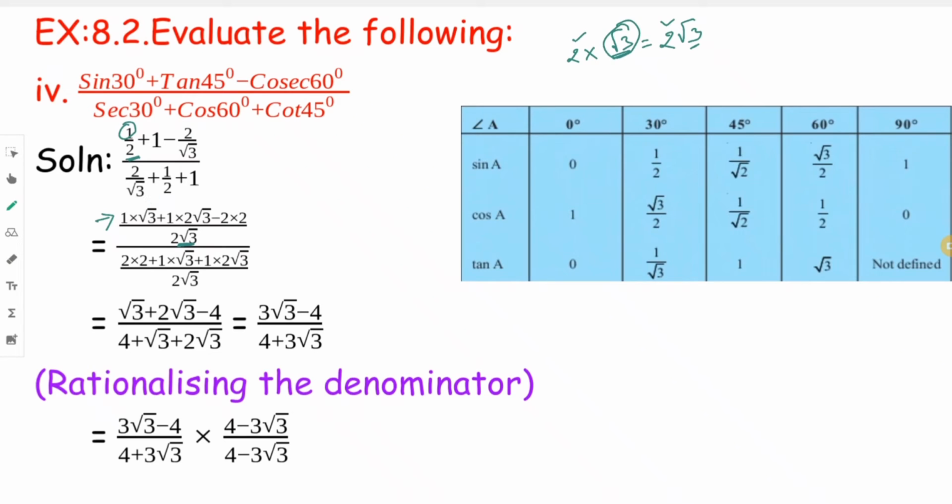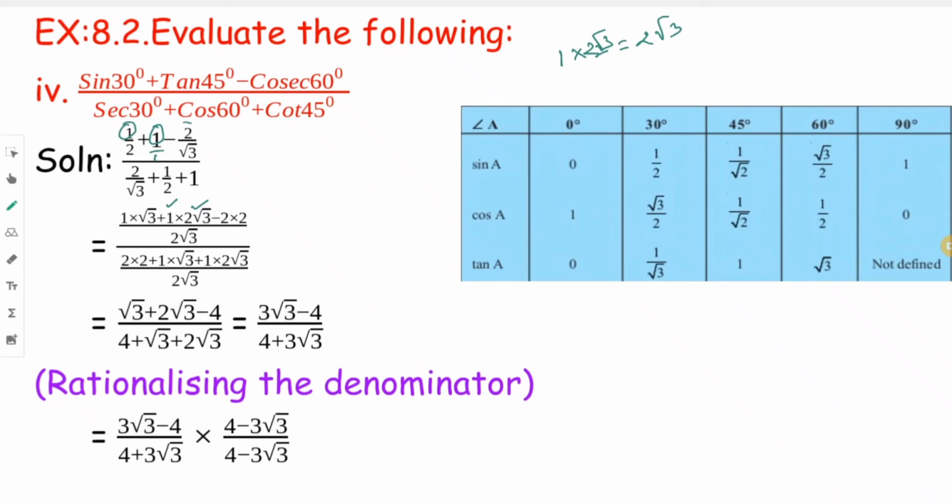Then the next numerator is 1, right? So I've written here 1. Remember that below here 1 is there, right? So 1 into what should I multiply to get the LCM 2 root 3? Of course it will be 2 root 3. So you can see I've written here.